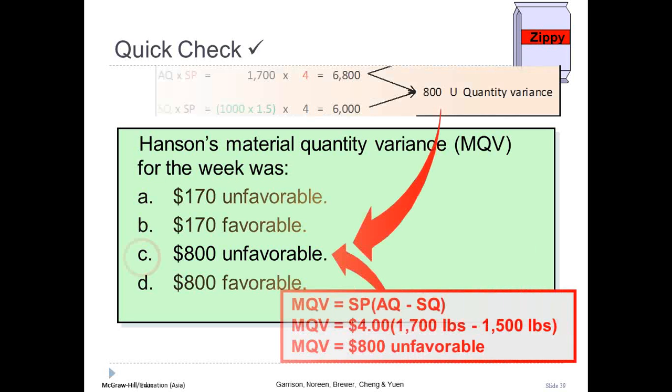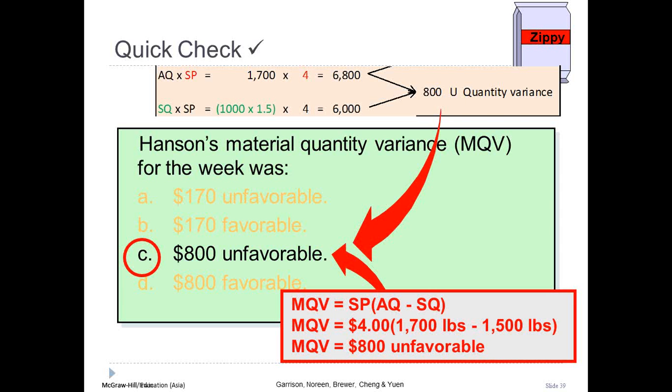We find the material quantity variance by multiplying the standard price for 1 pound of material times the difference between the actual quantity of material and the standard quantity of material. The $800 unfavorable material quantity variance results because Hansen used 200 pounds more than standard to make the 1,000 zippies, and each pound of material has a standard price of $4.